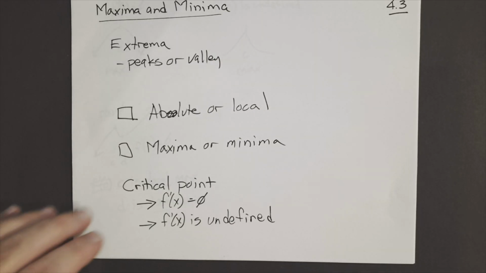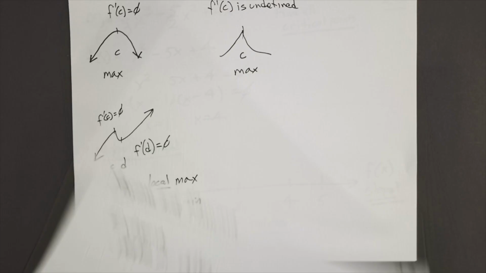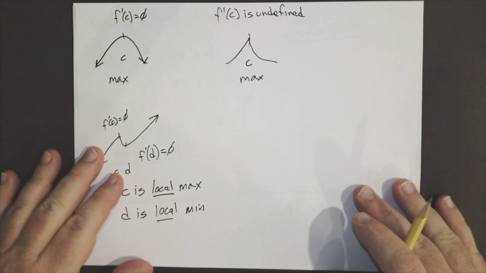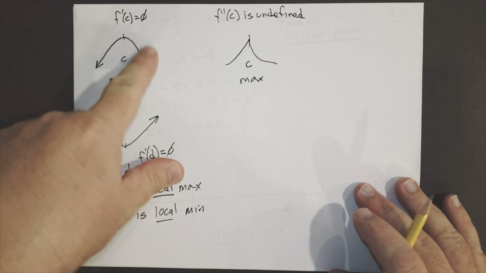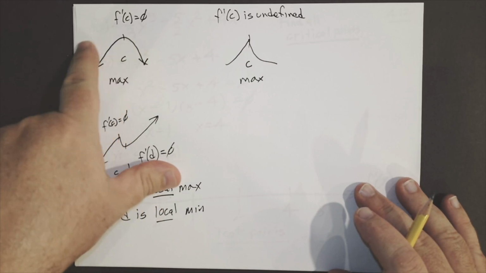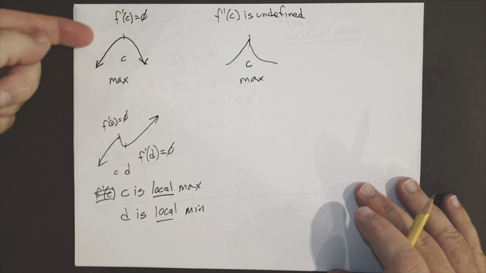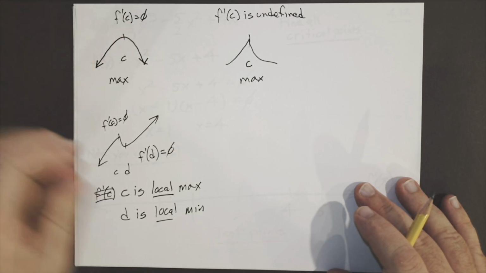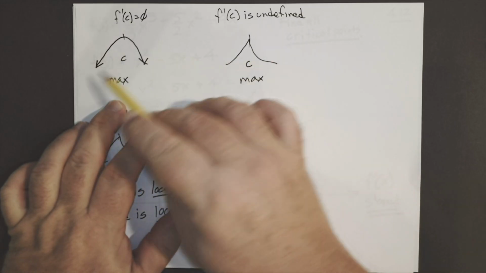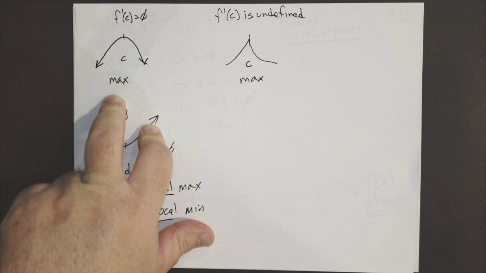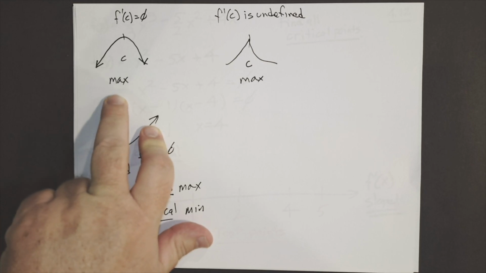So let's look at some examples of how we're going to work with this. First of all, just some quick visuals here. In this case, you see there's the top of a peak. If I look at point C, the derivative there, the slope is flat, and so that would be a max. If this is the entire curve, like an upside down parabola, that would be a global max or an absolute max.